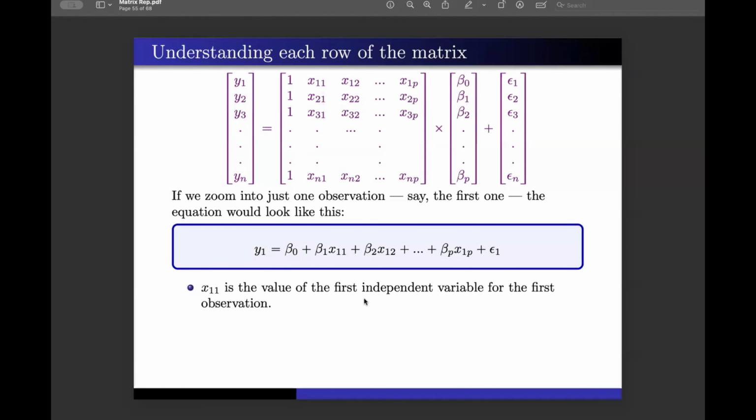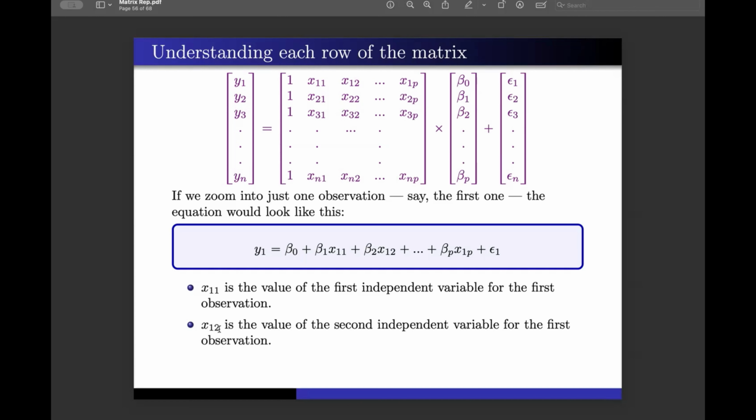x11 is the value of the first independent variable for the first observation. What is x12? x12 is the value of the second independent variable for the first observation. Remember, in X matrix, the rows represent the observations and the columns represent the predictors. So if we look at this entry x12 here, the subscript 1 would be the row, 2 would be the predictor.